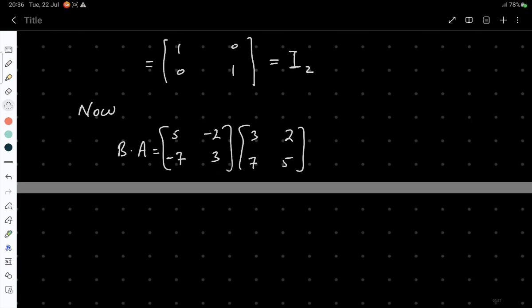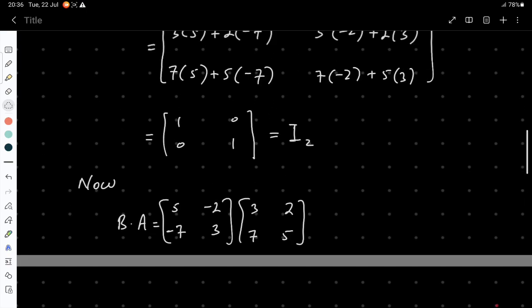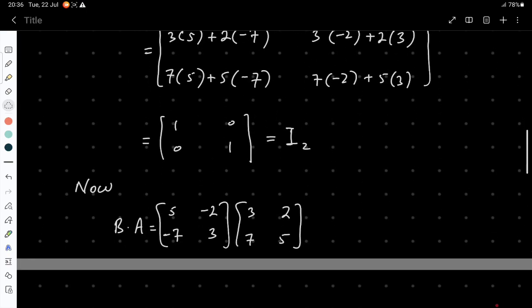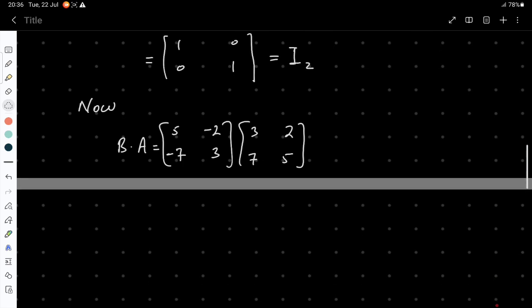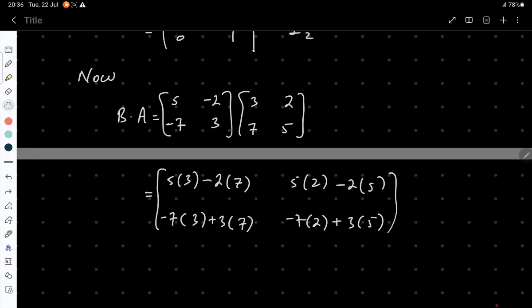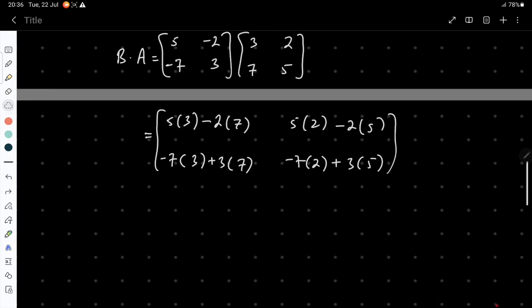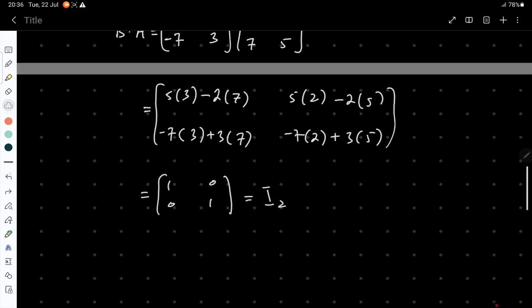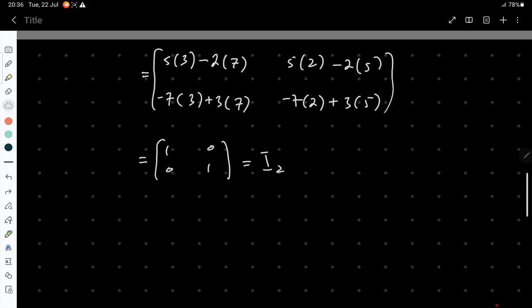So I multiply B with A. I have interchanged their order: first I have written down B, then A. When I multiply and do the calculations, I get this value, and if I simplify, I end up with the identity of order 2 again.